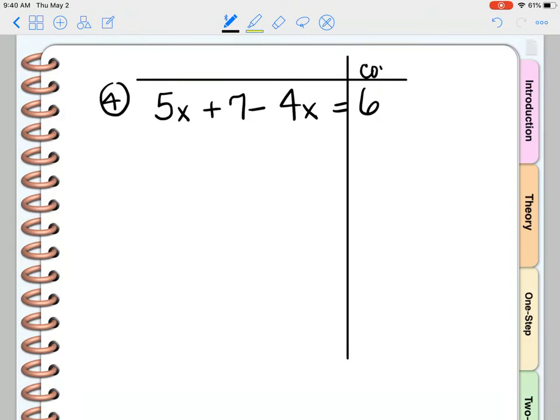And I can tell you that this is constant. And the variables, there are 2 of them, but they're on the same side. So this is a variable side. And if it helps you, go ahead and highlight the variables. Highlighters are good things to have around.